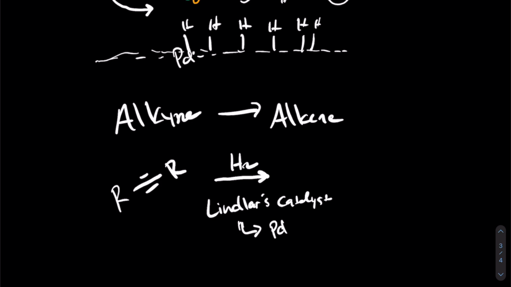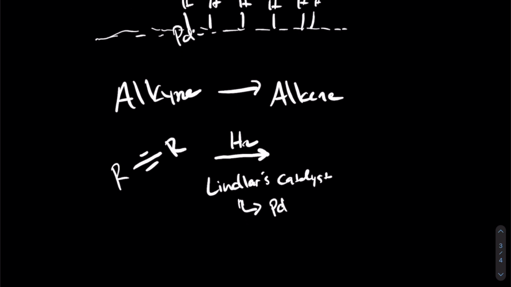And the lead and the sulfur essentially rob it of its ability to take on that second reduction. Lindlar's catalyst cannot do a reduction from an alkene to an alkane, but it can do an alkyne reduction to an alkene.